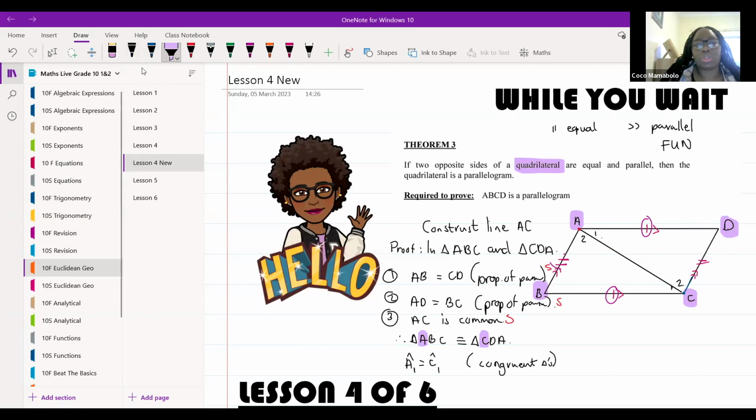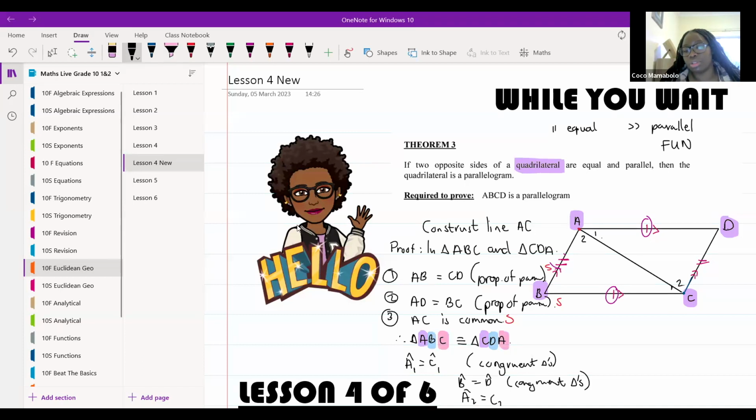I can then also say that angle B is equal to angle D, also because of congruent triangles. B is equal to D. Congruent triangles. And then I can look at the other one. Angle C is equal to angle A. In this case, it's going to be angle A2 is equal to angle C2.